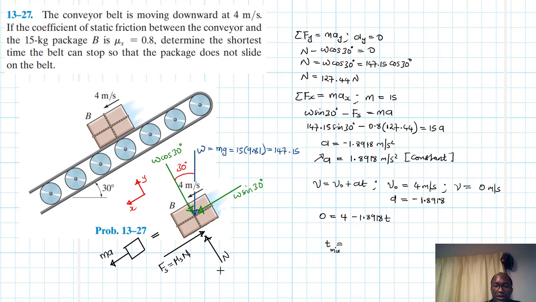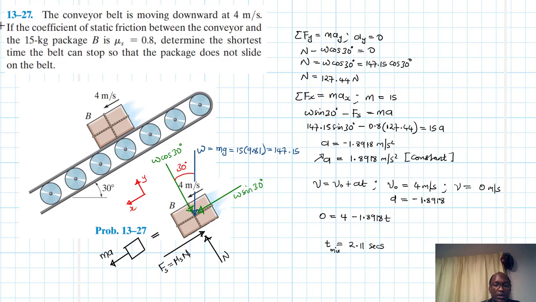Therefore our t is equal to, this is the t minimum that we are calculating, 4 divided by 1.8918. So this gives us 2.11 seconds.